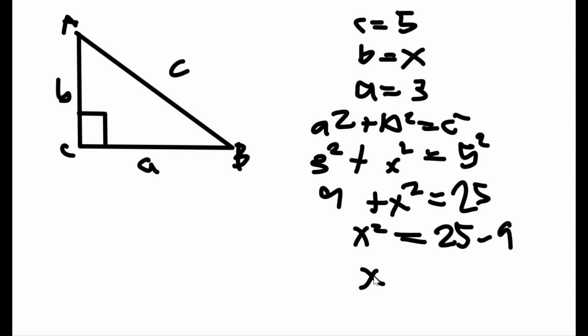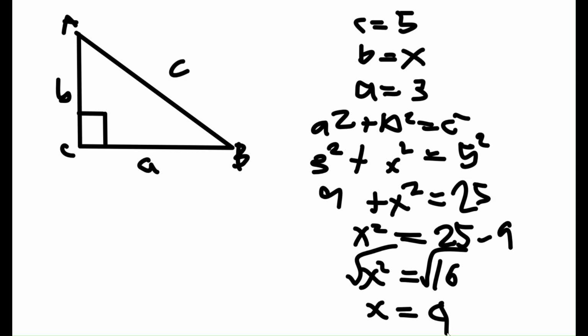So x squared is equal to 16. Since we are only looking for x, we find the square root of both sides. So x is equal to 4. So therefore, your side B or your height is equal to 4.